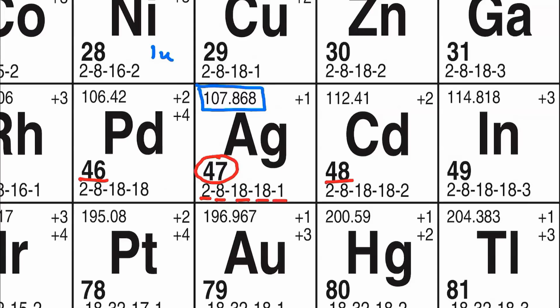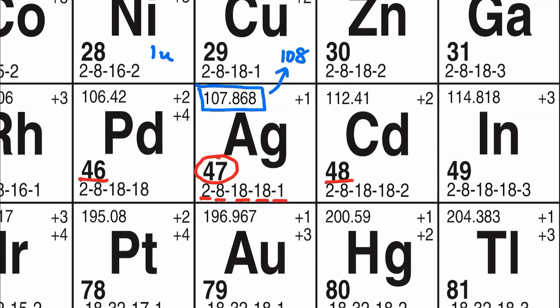Why does it have a decimal place? It has a decimal place because they averaged all of the naturally occurring isotopes for silver. And the reason why it's 107.868 is that the most stable and highest abundance isotope for silver must be 108, because this averages out to 108, because one isotope of the group is in greatest abundance.